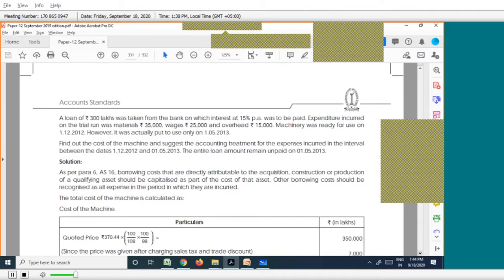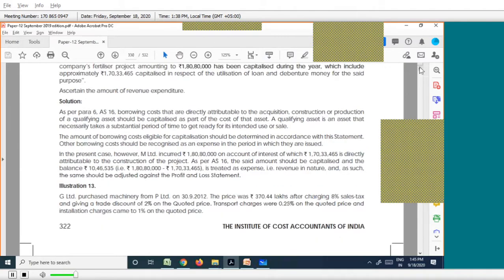So illustration 13. G Limited is purchasing a machinery at 370.44 lakhs. It is not 3,70,000, it is 370.44 lakhs, after charging 8% sales tax.